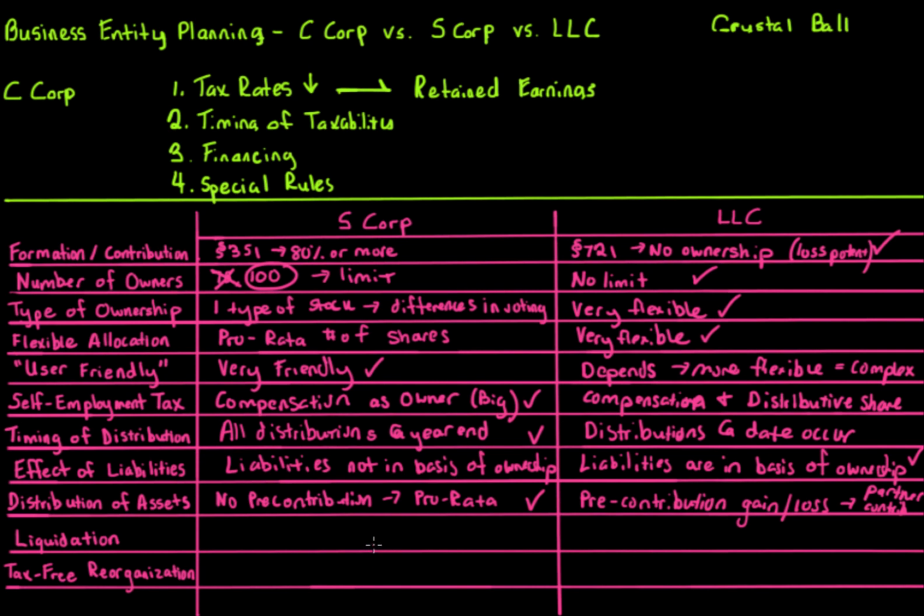If there's lots of inherent gain, the S corporation is going to have to recognize that, and then it goes to those owners, just like we saw in the previous example. When the S corporation liquidates, it's like a sale of assets. You can do a sale of stock too, but let's assume this is a liquidation of assets in both of these. This creates lots of potential gain.